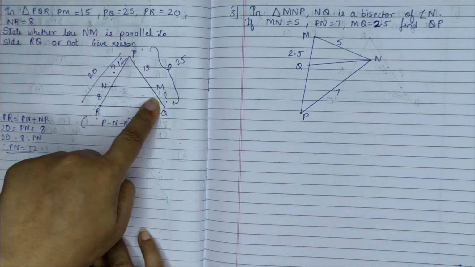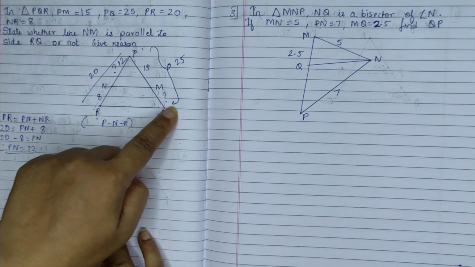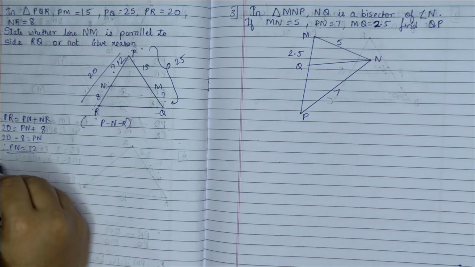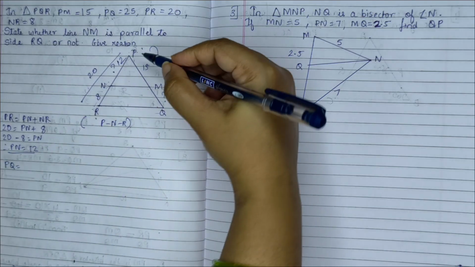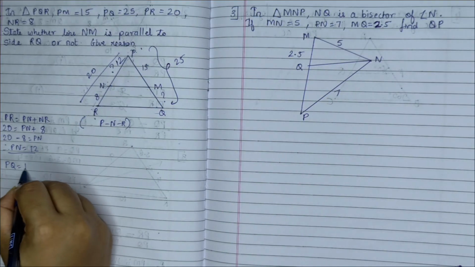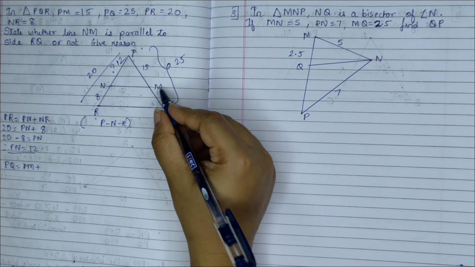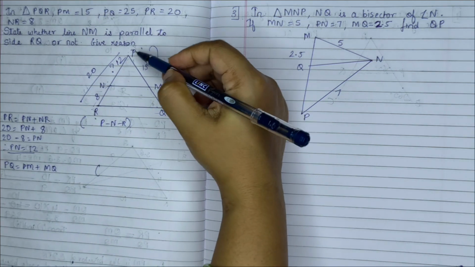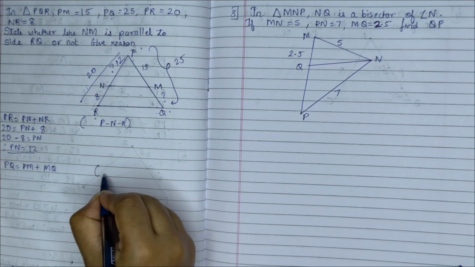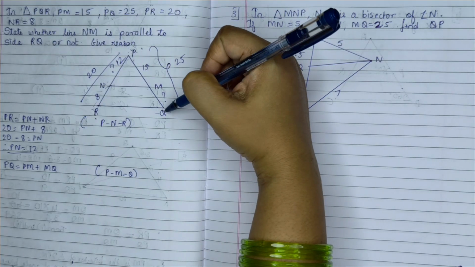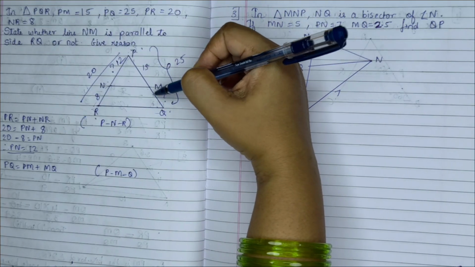Now same way we can find out this MQ. PQ, the whole line, PQ is equal to PM plus MQ. We will write here P dash M dash Q. Okay, this whole line PQ is equal to PM plus MQ.